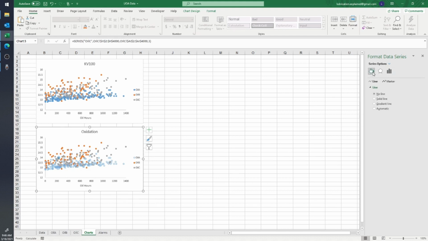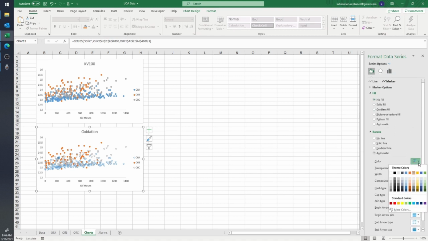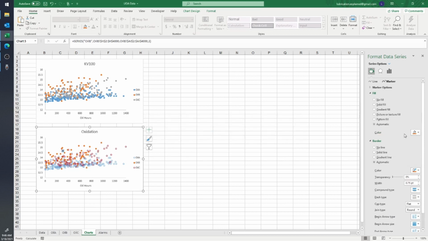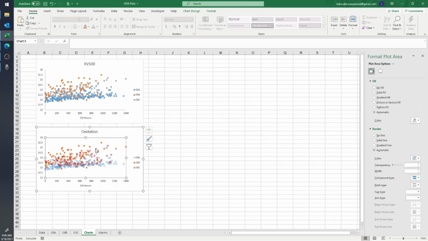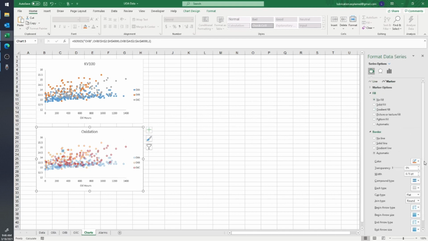These ones I might make no fill, but make the border red. And for these ones, I might make it no fill and a border that's green.